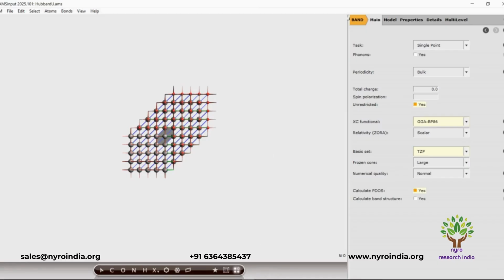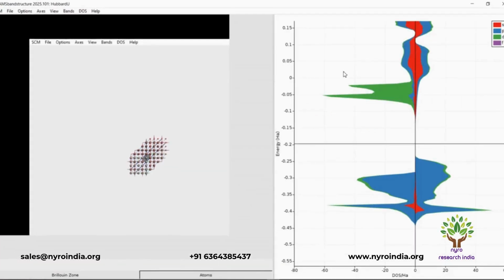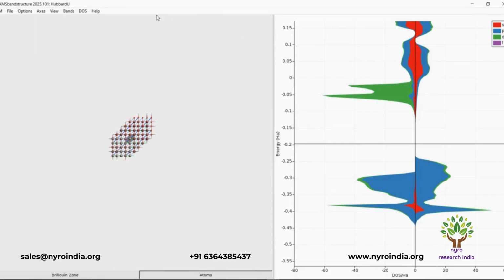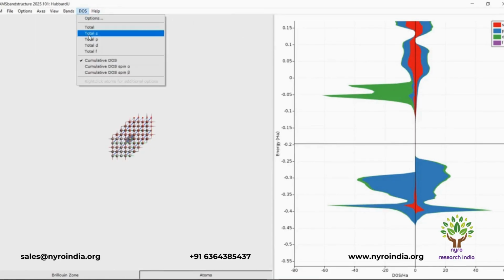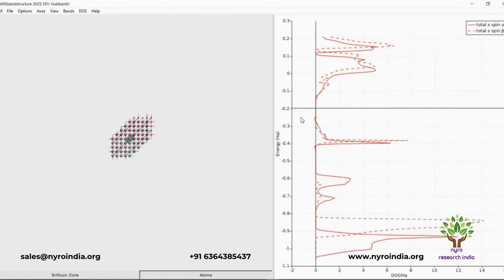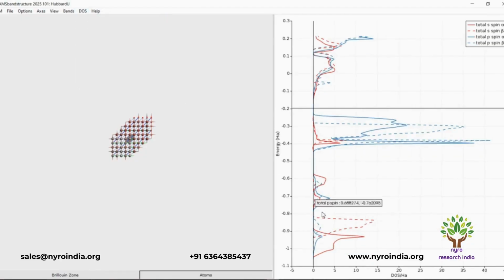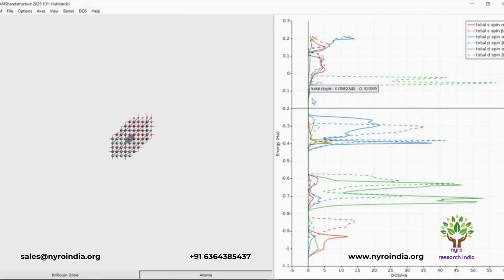So this is the representation of those states. We have taken the basis on s state and p state. You can see both the atoms' representation and d states.